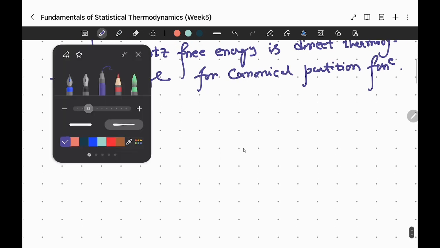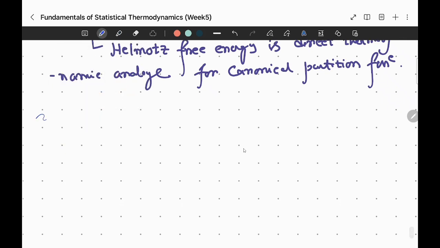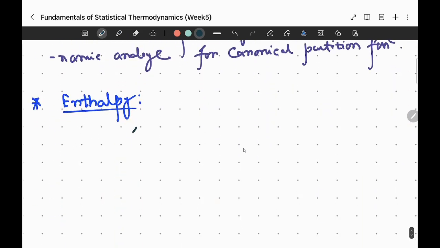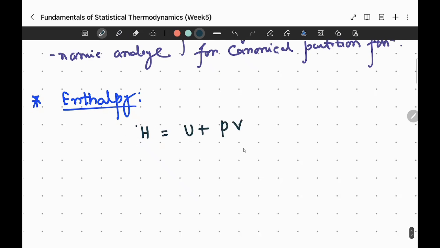Now another part is the enthalpy. These are all straightforward now. What is the definition of enthalpy? H equals U plus PV.